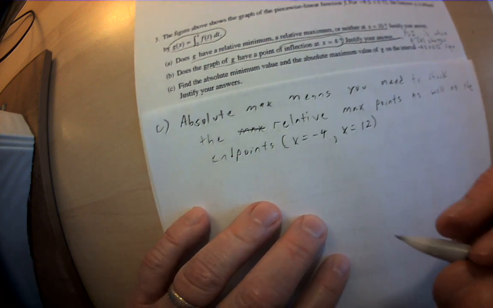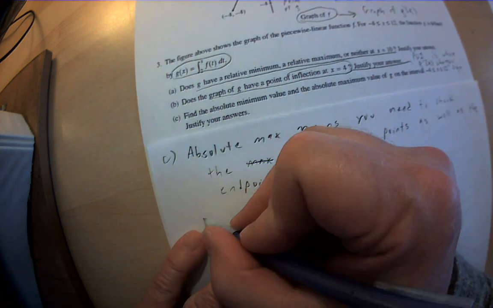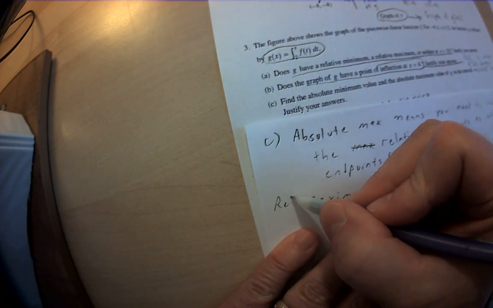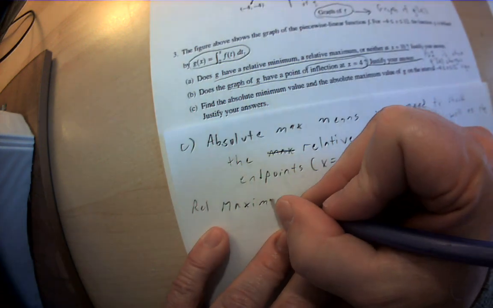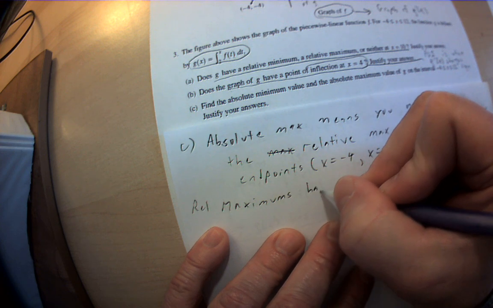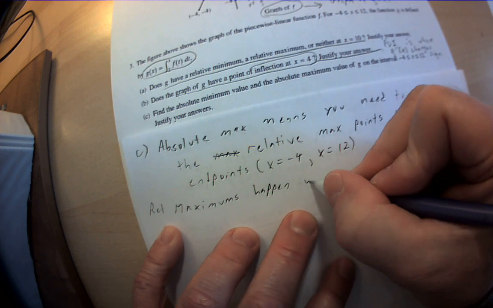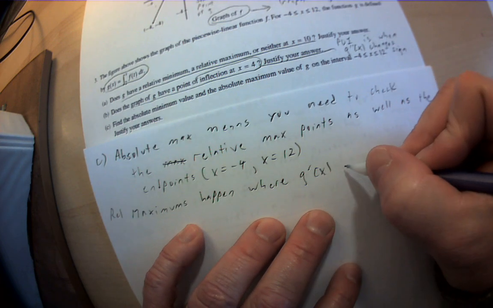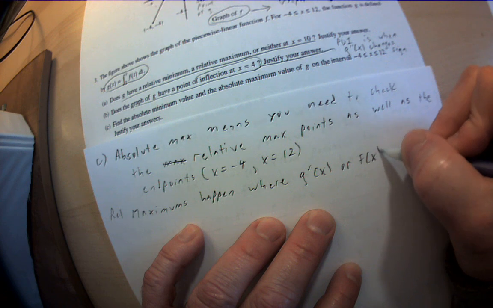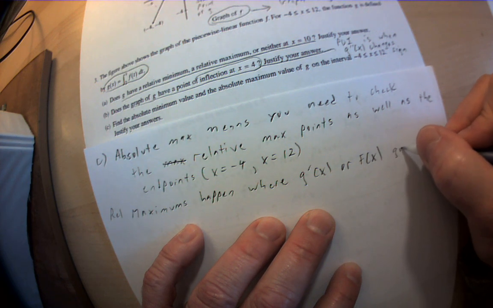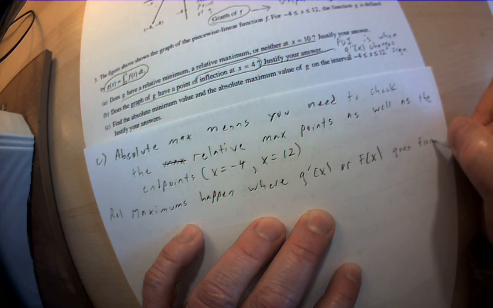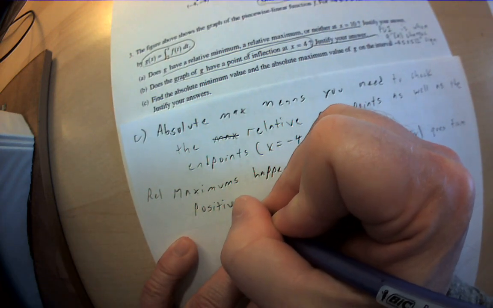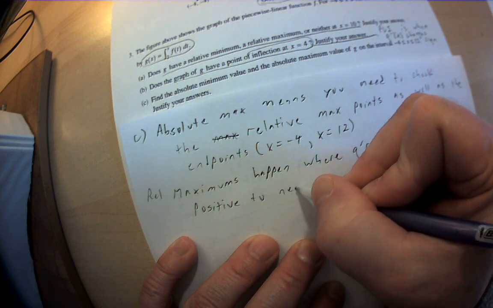So, where do relative maximums happen? Where G prime of X, or f of X, they're the same thing, goes from positive, going up, to negative.